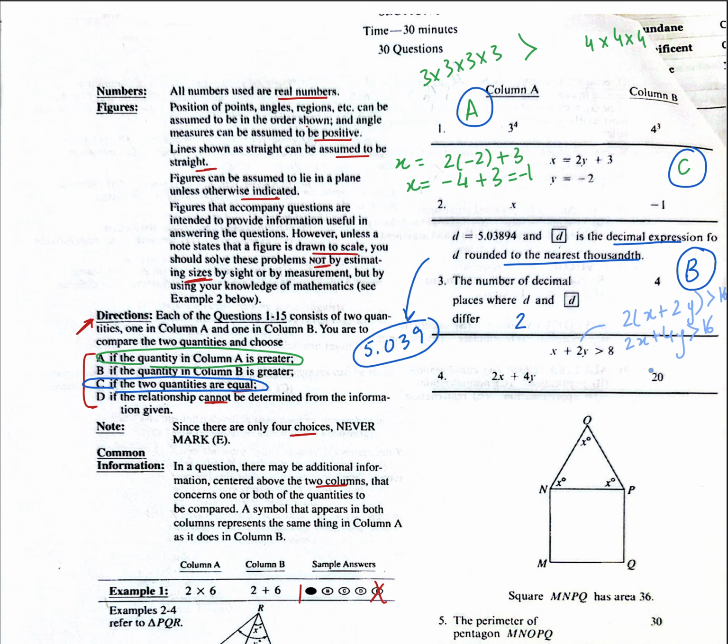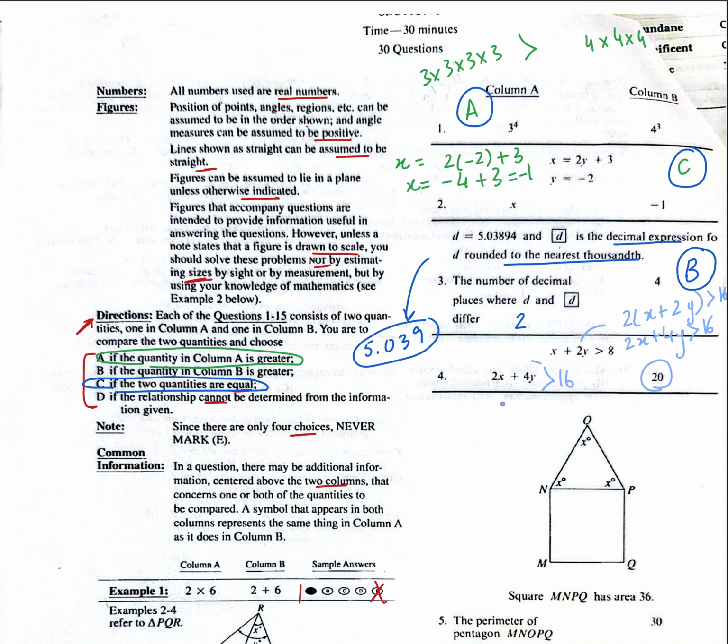So if it is greater than 16, this thing is greater than 16 and 20. So in this case, we can say that A is greater or B is greater, or we can say that the answer is D, because we cannot figure out what exactly is the answer from this.